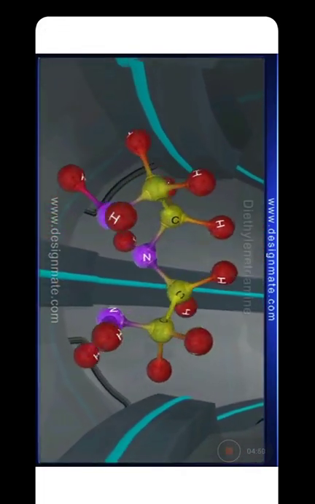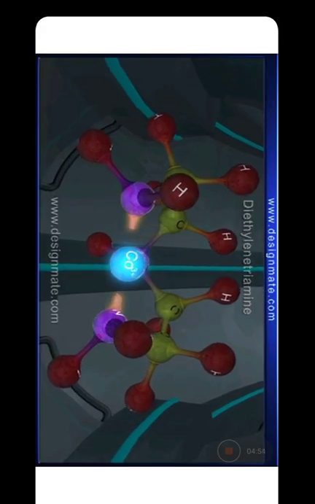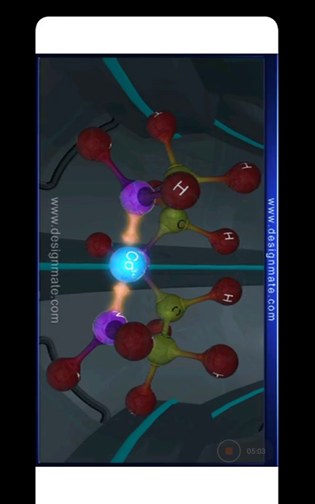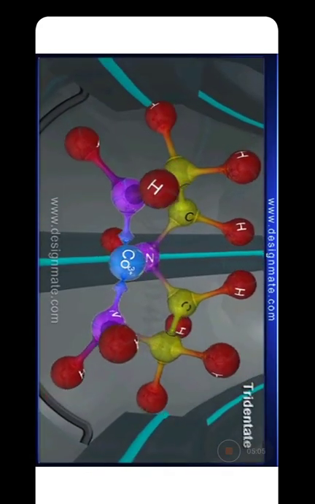For example, diethylene triamine with 3 donor atoms is an example of tridentate ligand.